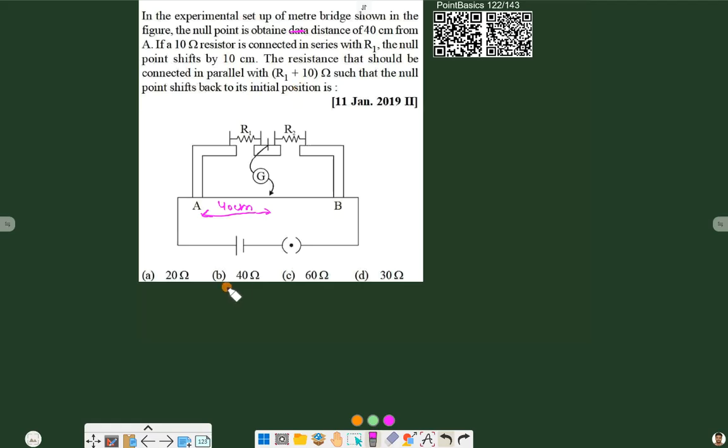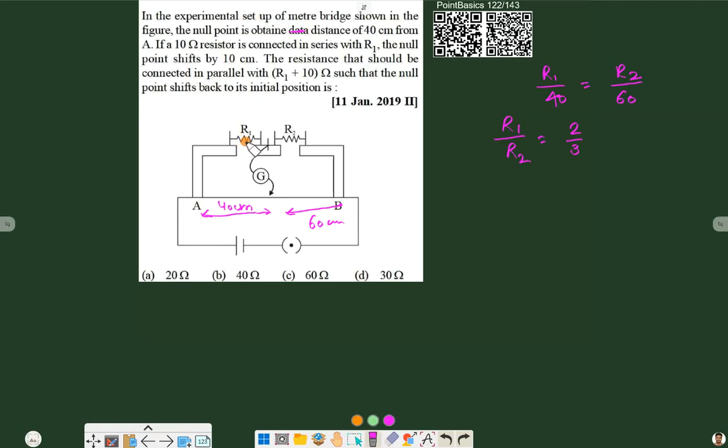So in this question, it is mentioned that initially we had the balance condition with R1 and R2, with R1 by 40 equal to R2 by 60. And from this we can write R1 by R2 is equal to 2 by 3. Now what we did is connect a 10 ohm resistance here in series, not parallel, sorry.